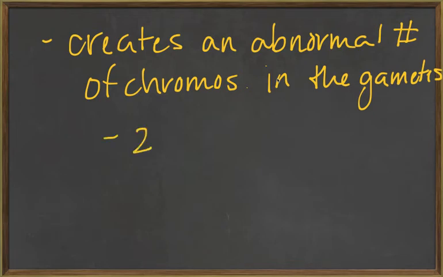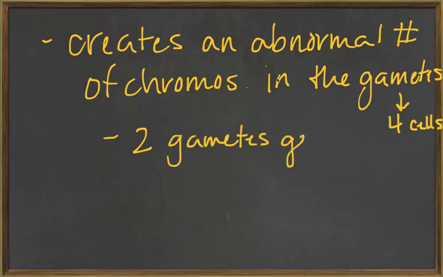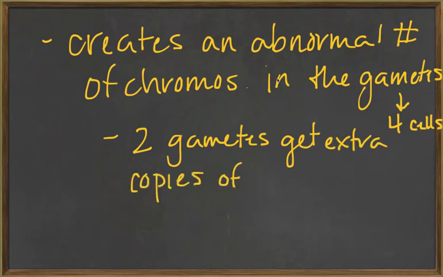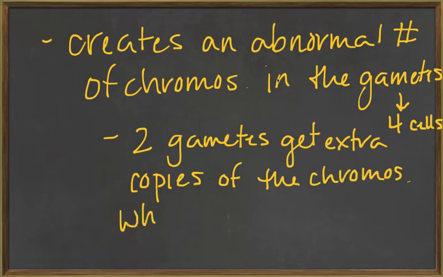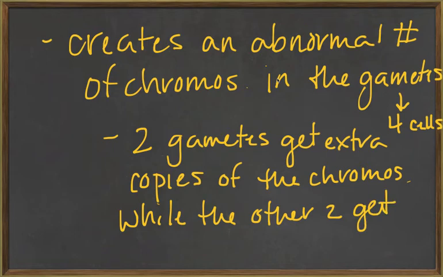Remember, I always get 4 gametes out of it. My total is always 4 haploid cells. So an example of this, 2 gametes get extra copies of the chromosomes, while the other 2 get none.